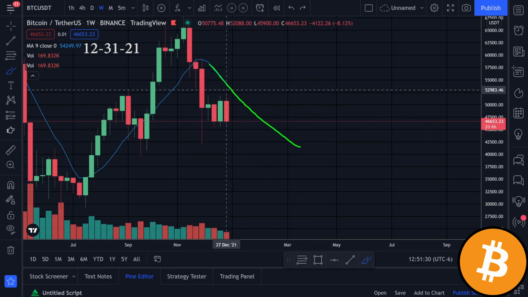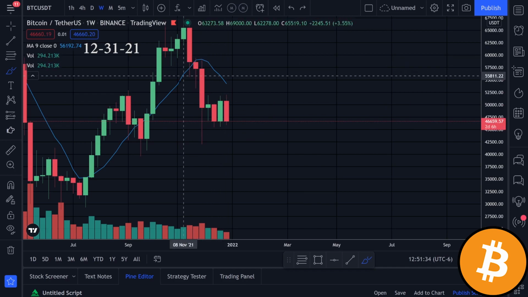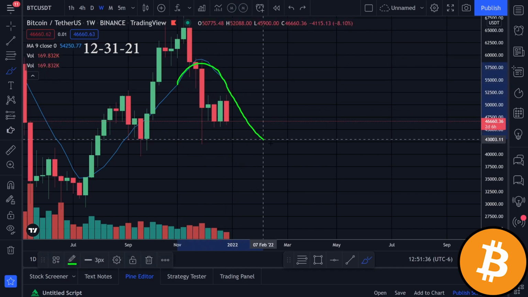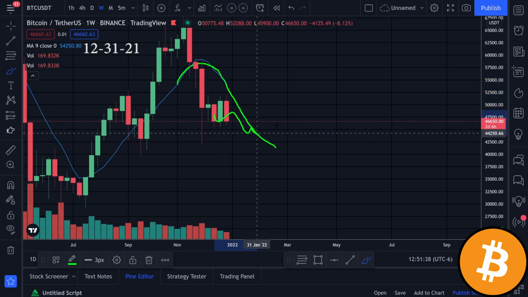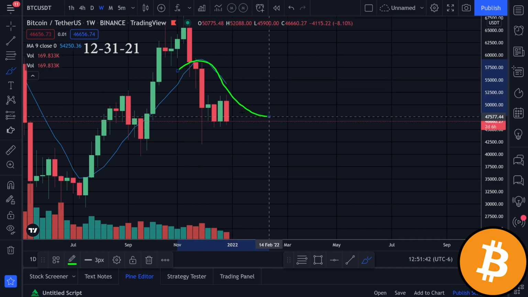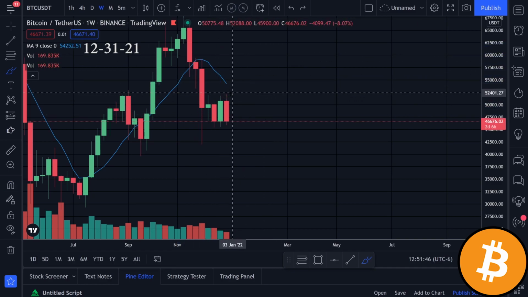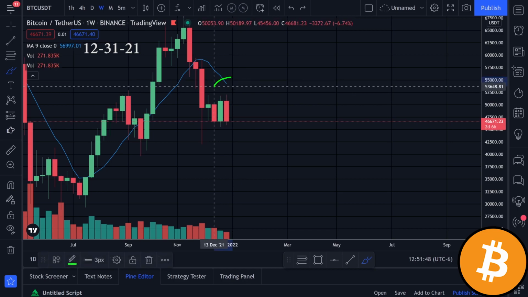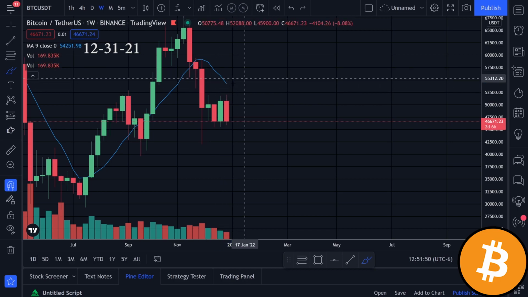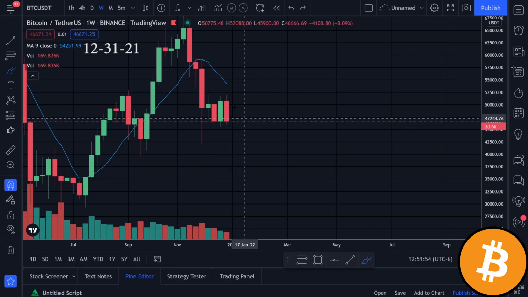What I would like to see the 9 moving average do is come down a little bit, so we can try to go through it on the side of it rather than trying to break above it when it's right above us. That's why I was curious the other day if we were going to get bearish, because we were heading up into this 9 moving average and then pushed down.